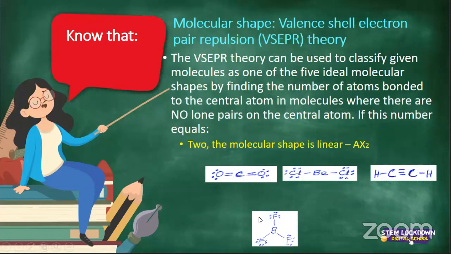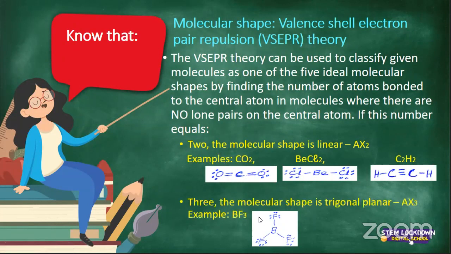And then the next shape, when we have 3 atoms, gives you a trigonal planar shape, and the general formula is AX3. Boron fluoride is an example of a trigonal planar molecule.